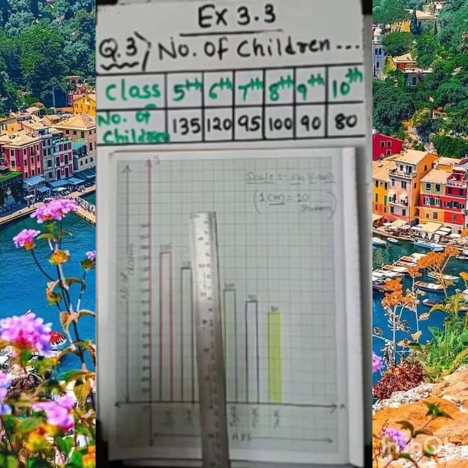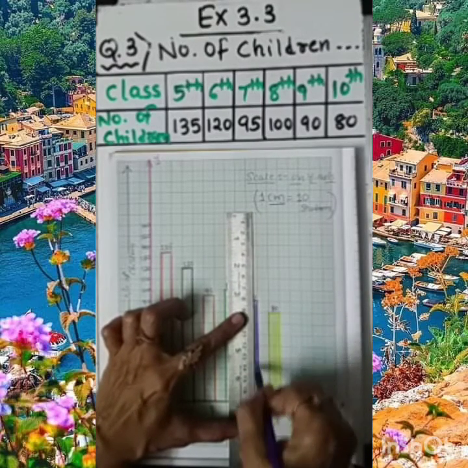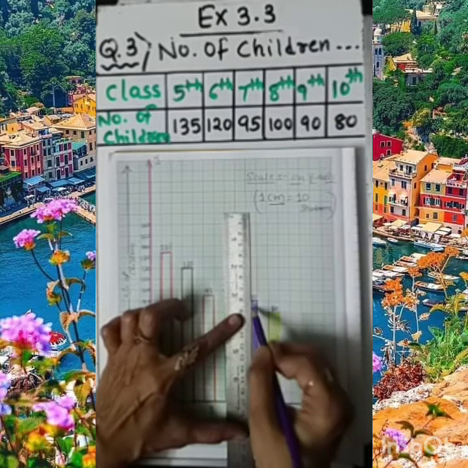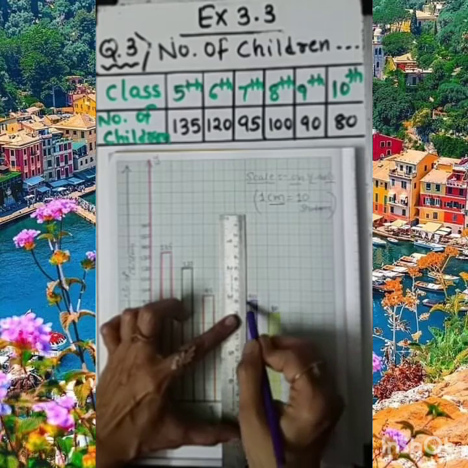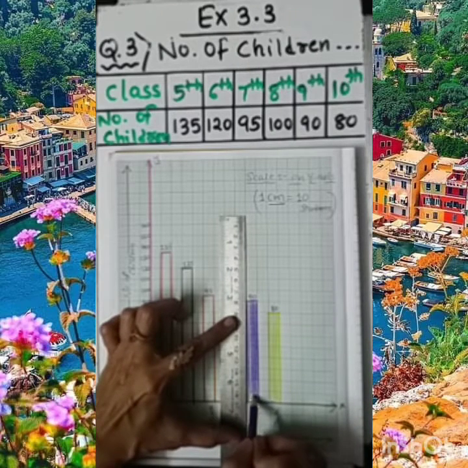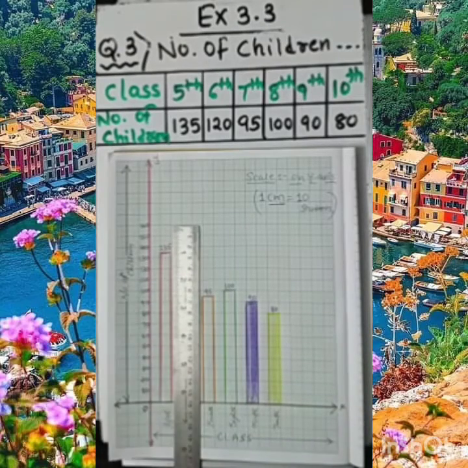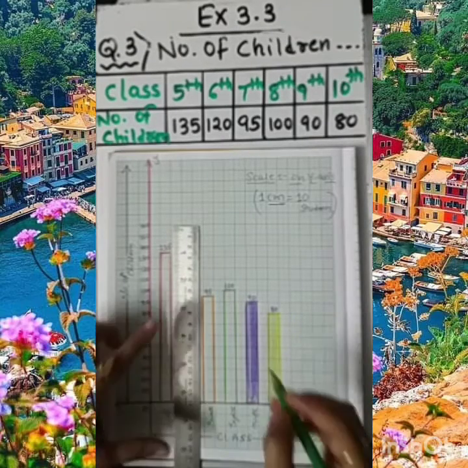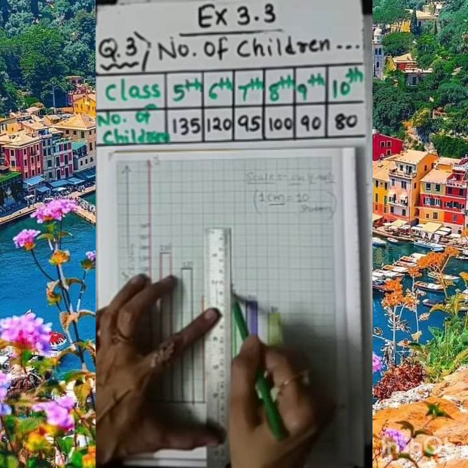You are free to do so. Immediately after drawing this much portion, I request you to color or shade it, and it will look attractive, and the observation will be clearly visible. These questions are very easy. This is showing the single bar graph.